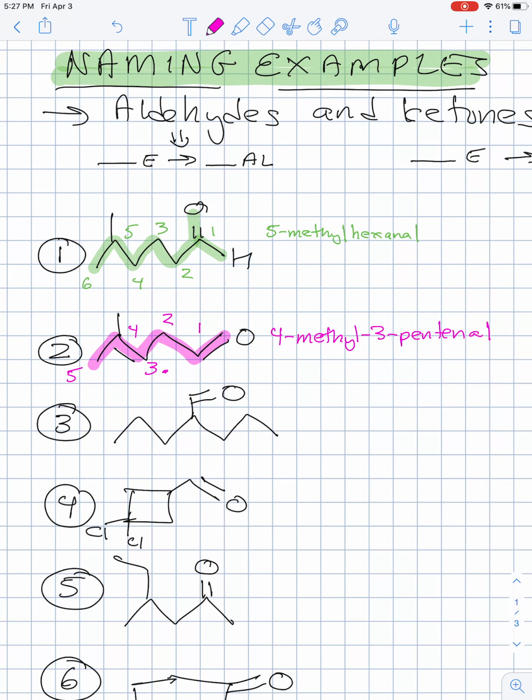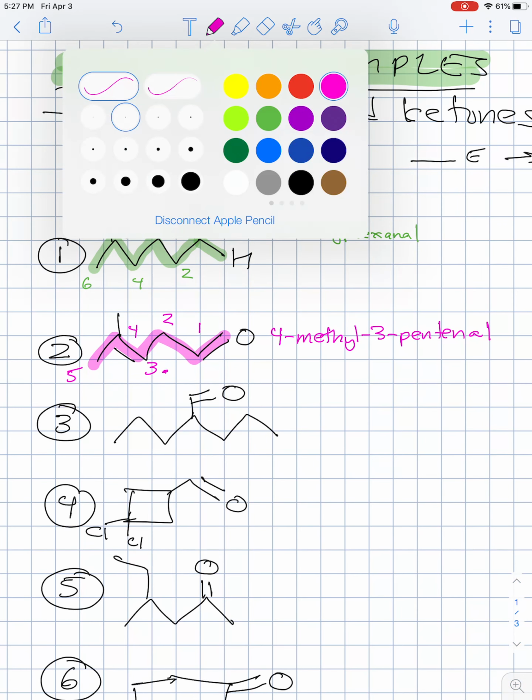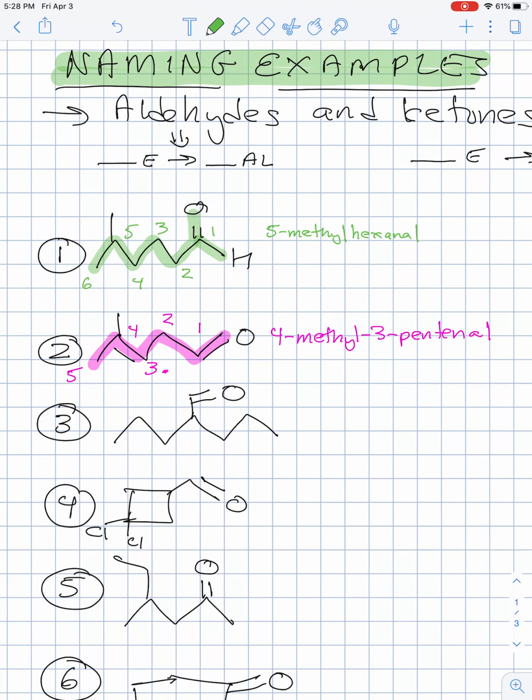When you do the double bond, you always specify the location of the first occurring double bond carbon first. For this next one, first we find the parent chain, which is this, which sometimes annoys students a little bit because they think that the parent chain should be the longest chain.